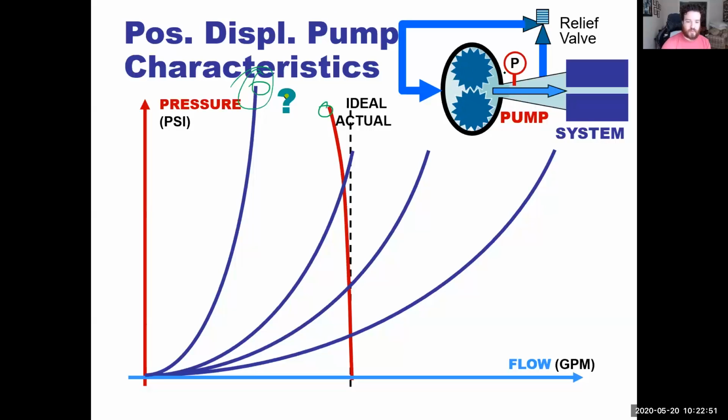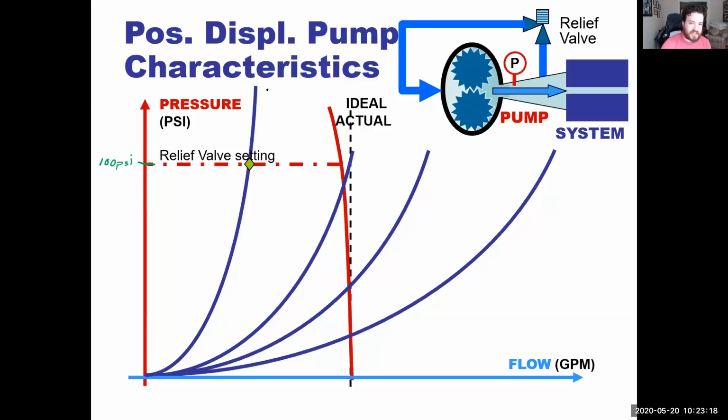So what's going to be happening here is we have a relief valve setting. The relief valve is set at a certain pressure. Let's call it 100 PSI. Now, again, remember what we're looking at. Our blue lines are our system curve.